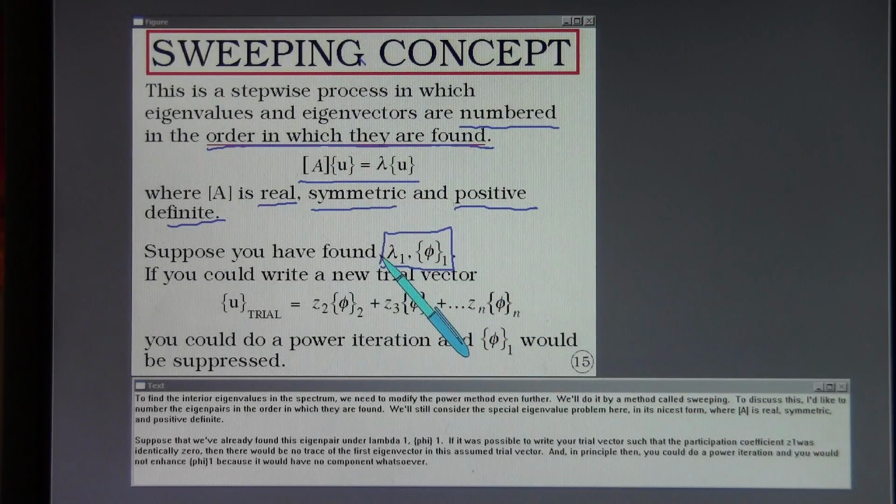If it was possible to write your trial vector such that the participation coefficient z1 was identically 0, then there would be no trace of the first eigenvector in this assumed trial vector. And in principle, then, you could do a power iteration and you would not enhance phi 1 because it would have no component whatsoever.